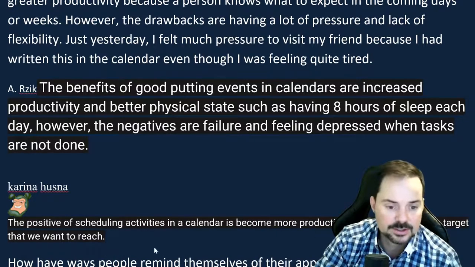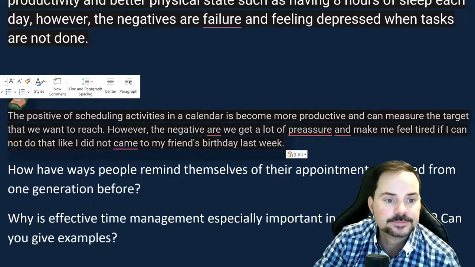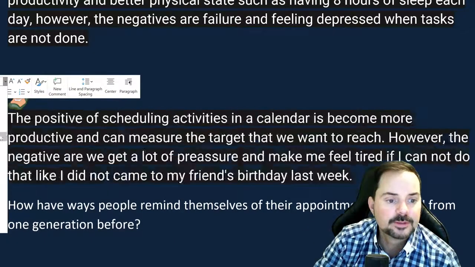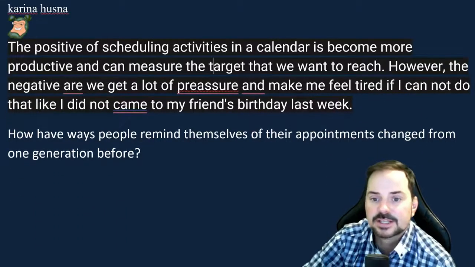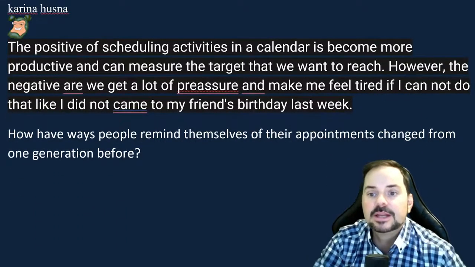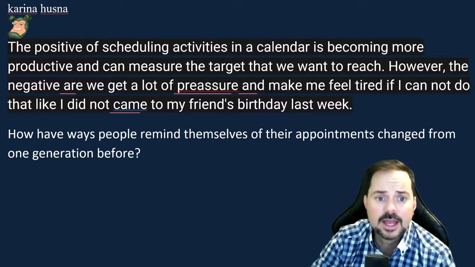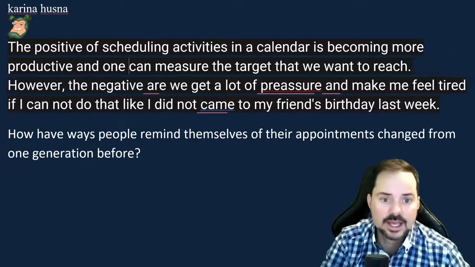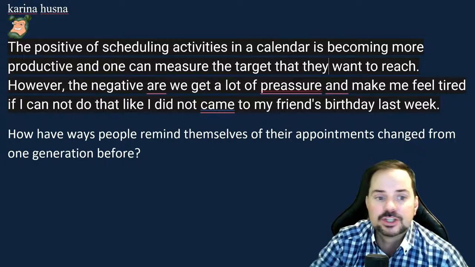In 2 parts. Good, Karina. Karina, one of our newer members, says the positive of scheduling activities in a calendar is becoming more productive, and one can measure the target that they want to reach.